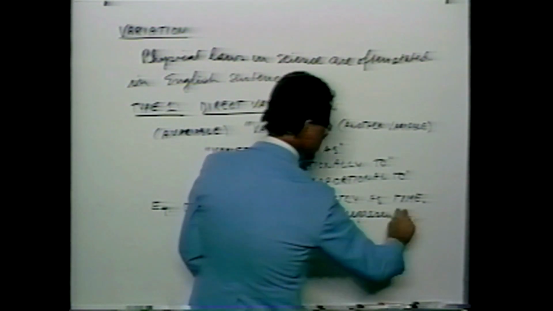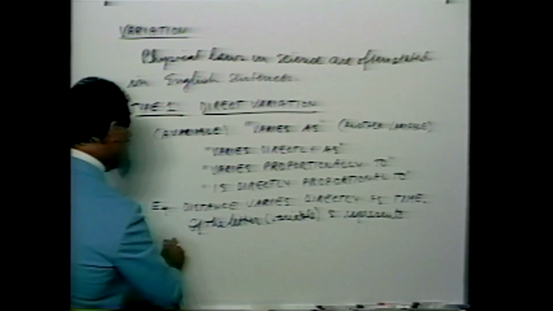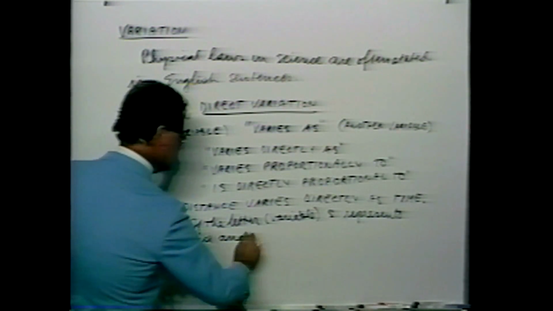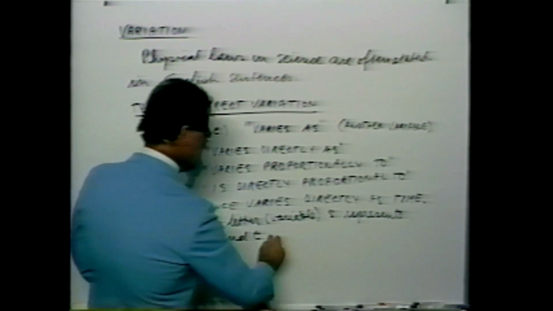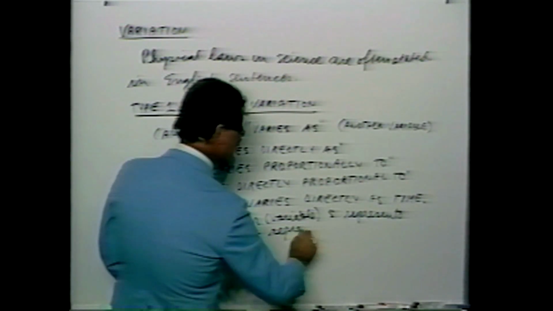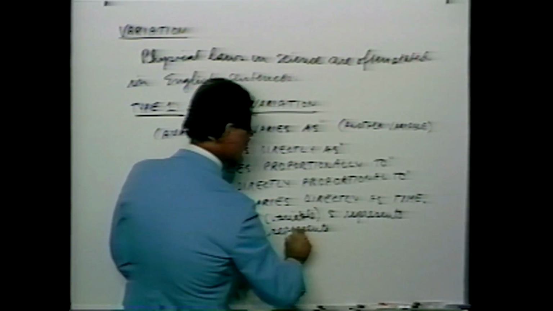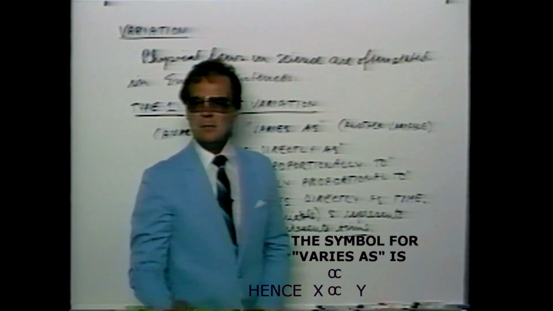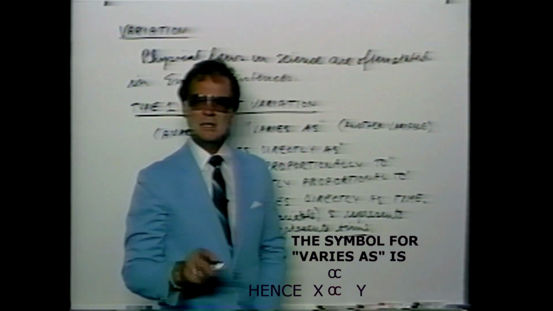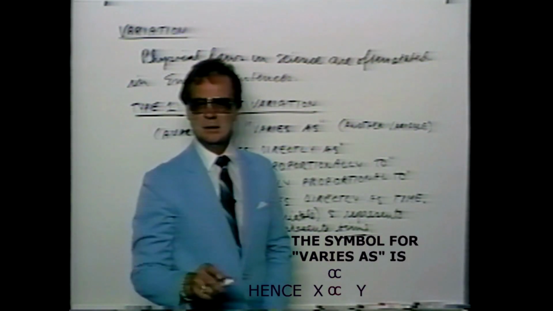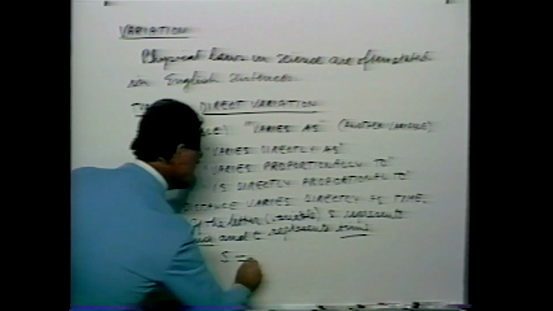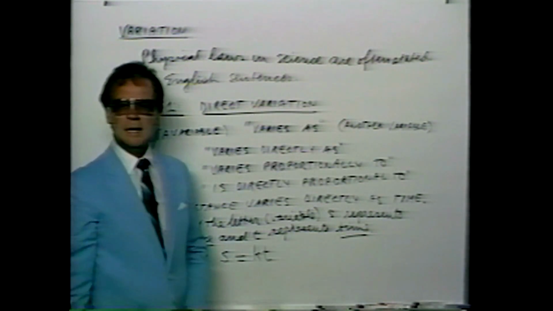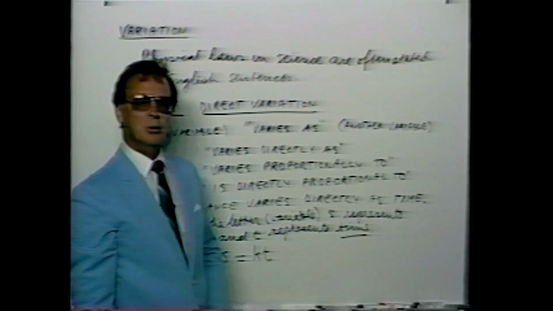If the letter S is used to represent distance, and t represents time, then the formula which represents the English sentence is S equals KT, where K is a constant of proportionality.